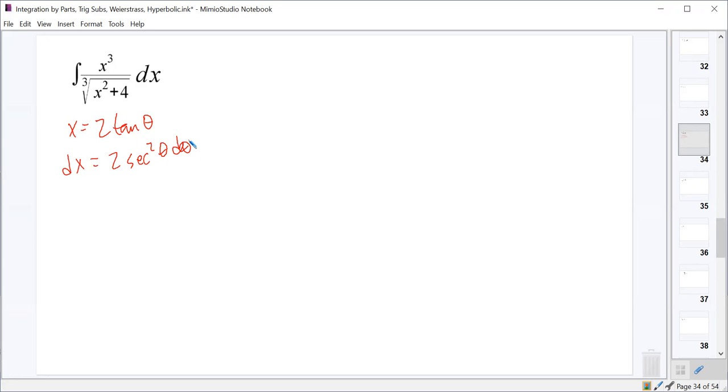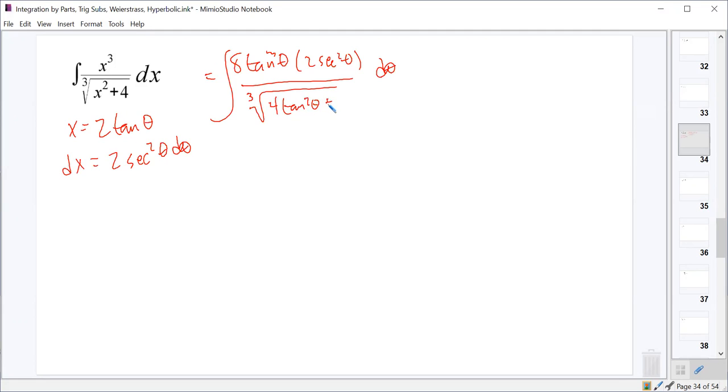Everybody agree with that? Yeah, okay. So what does that give us then? It gives us x cubed, which would be 8 tangent cubed theta, times dx, which is another 2 secant squared theta d theta, up in the numerator. And then in our denominator, we're going to have a cube root of 4 tangent squared theta plus 4.